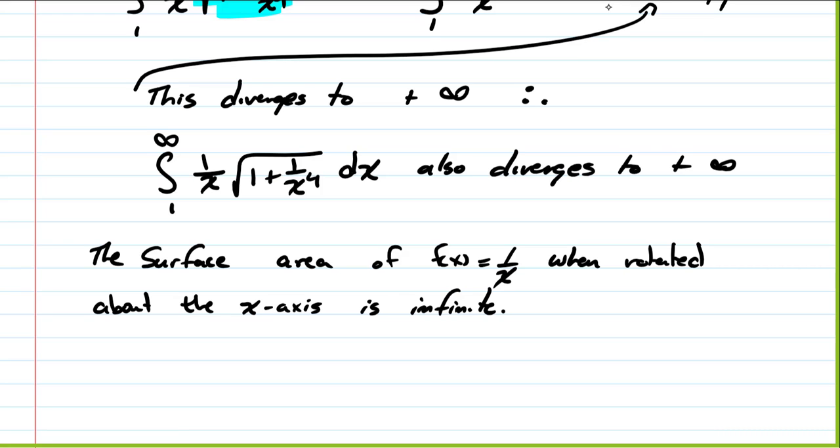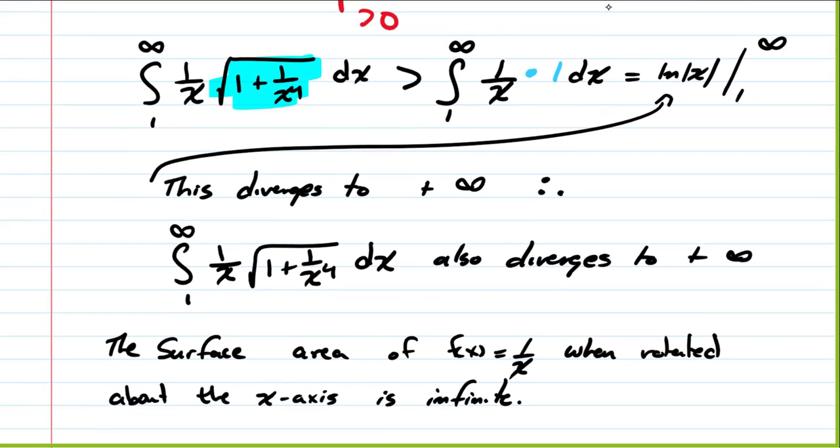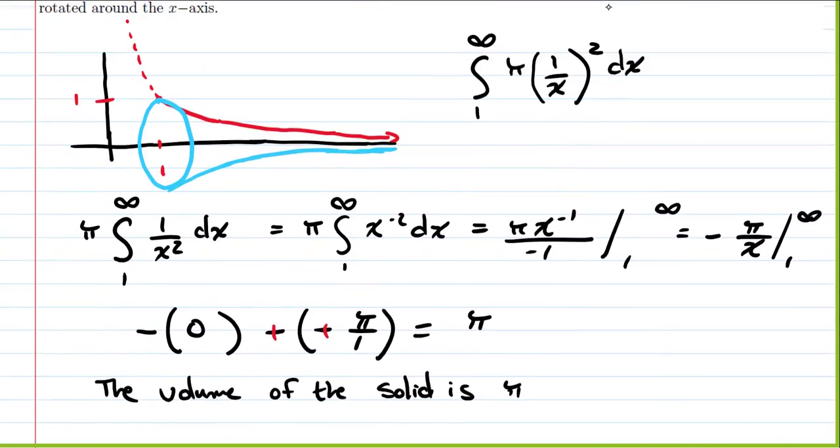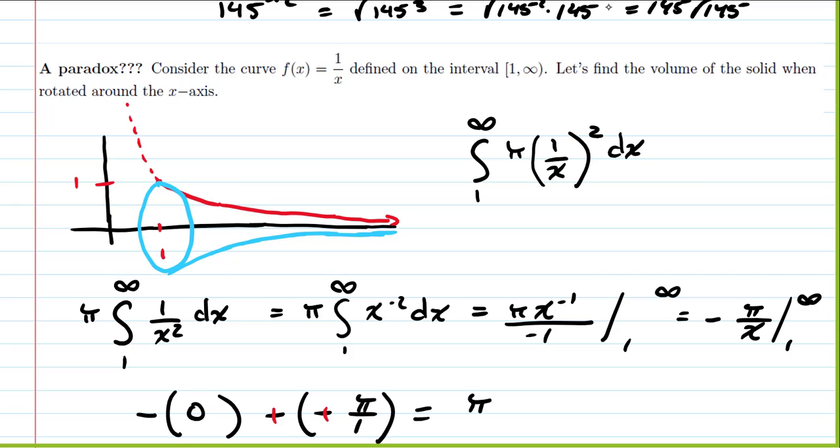Well, that's a bit of a problem. Let's go back to our picture here. So we've got our little horn-looking thing. So its volume is pi, and what's its surface area? Infinite. So what does that mean in terms of our paradox?